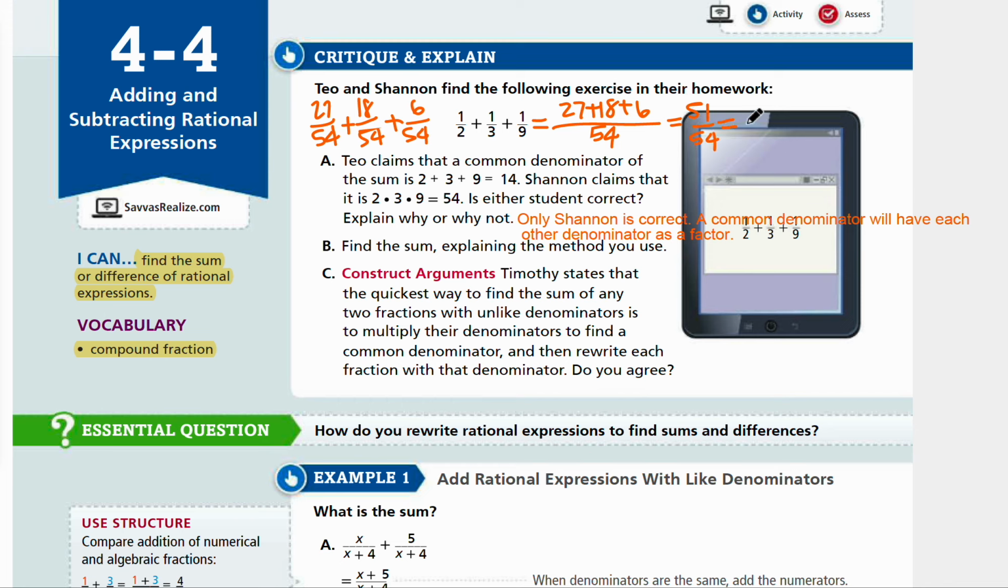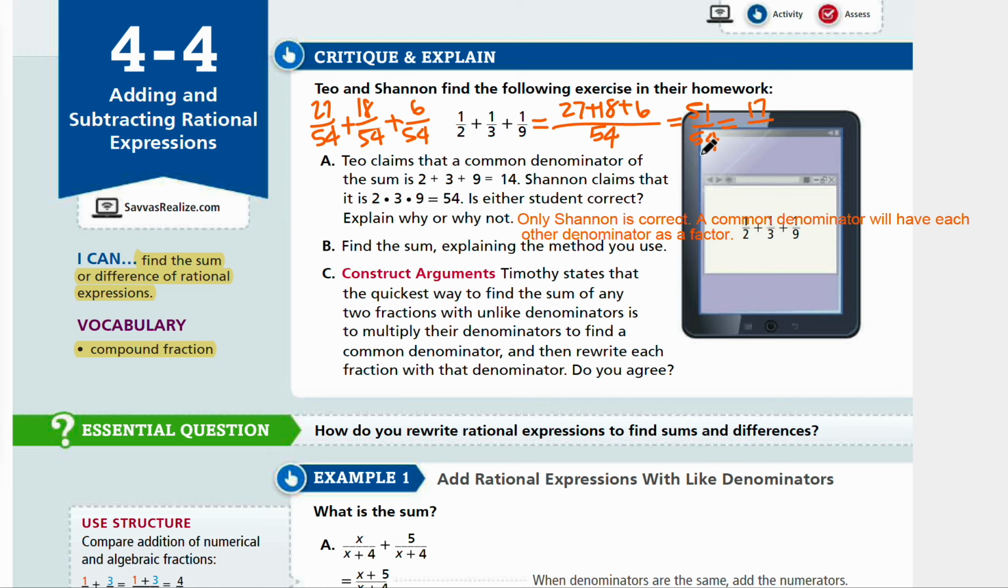And then can you simplify them? Yeah, you can. You can simplify by dividing both of them by 3. So 51, you factor it out by 3, you get 17.